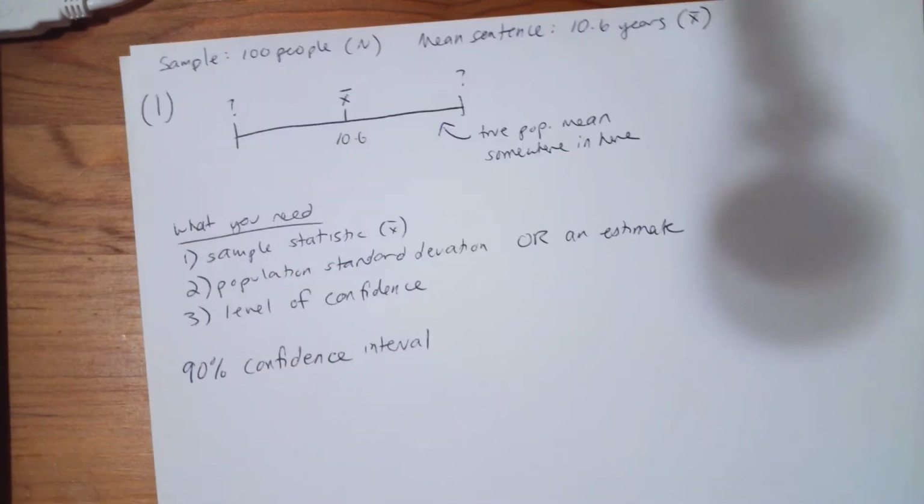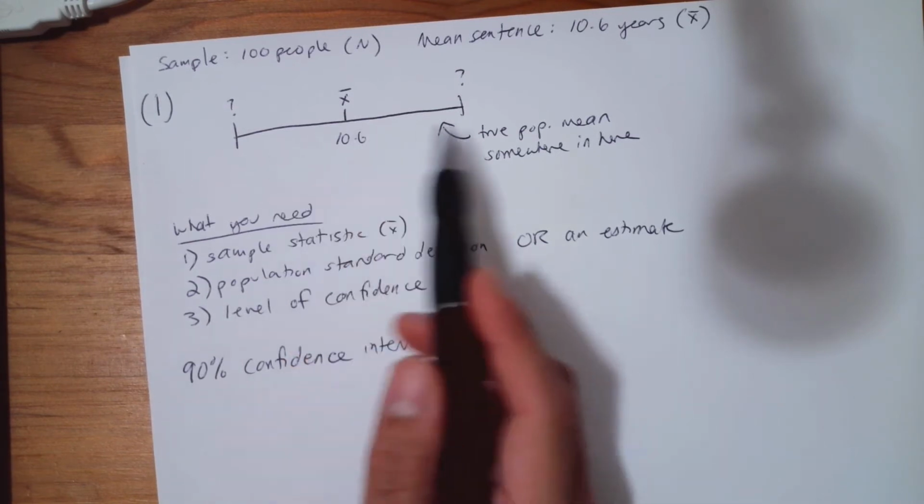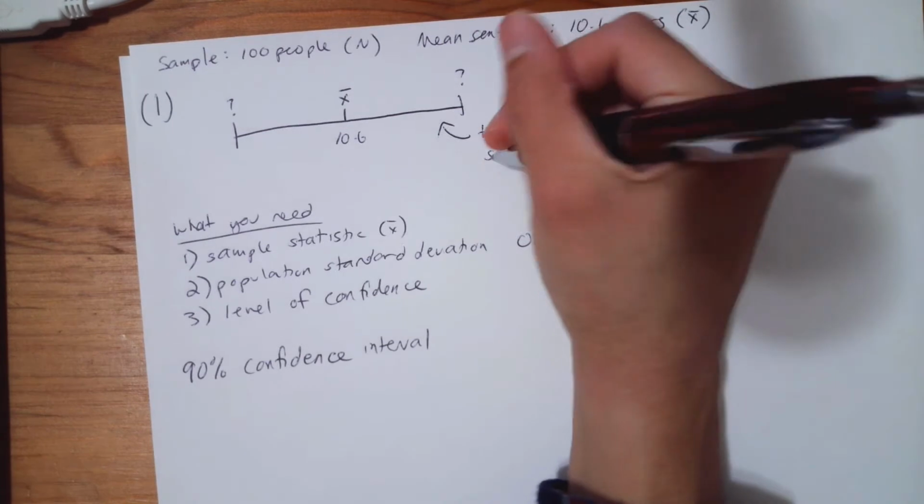And as I said before, the level of confidence is totally up to you, the cruncher of numbers, or in this class it will be up to me, the person who makes you crunch numbers. So for this example, we're looking at a 90% confidence interval. So we want to be 90% certain that the true population mean is in here somewhere.